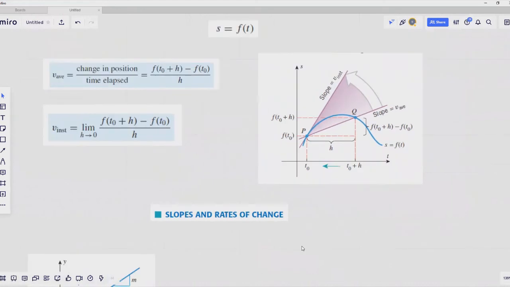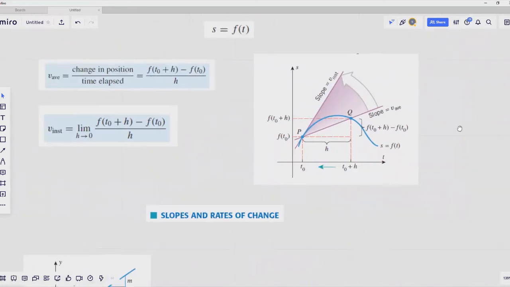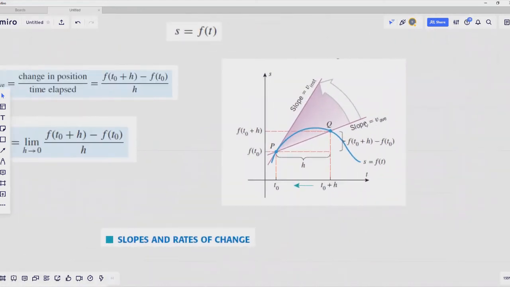Okay, now we have a similar argument. Basically, average velocity is the slope of the secant line joining those two points at t0 and t0 plus h, and instantaneous velocity at point t0 is the slope of the tangent line to the position versus time curve at point t0.